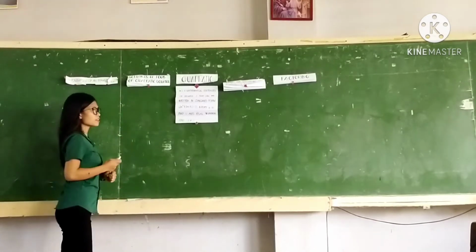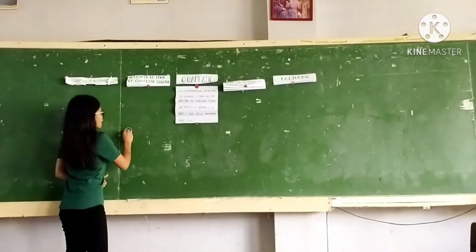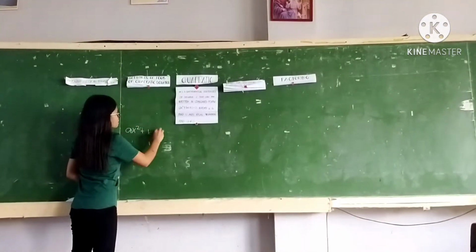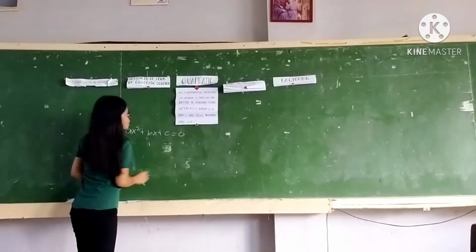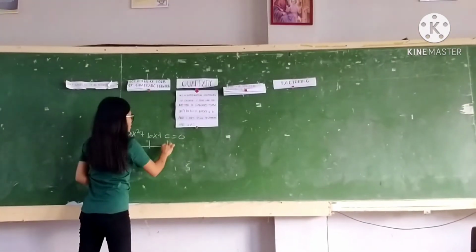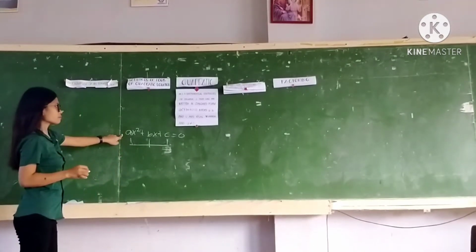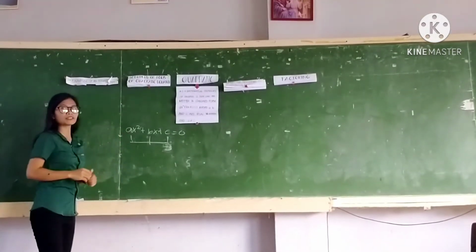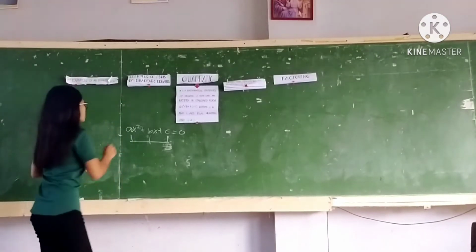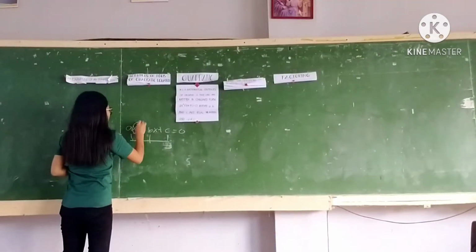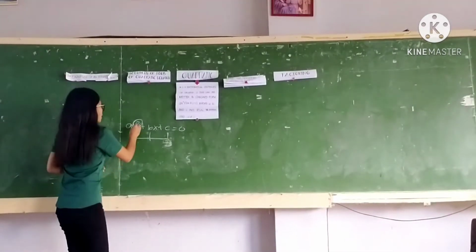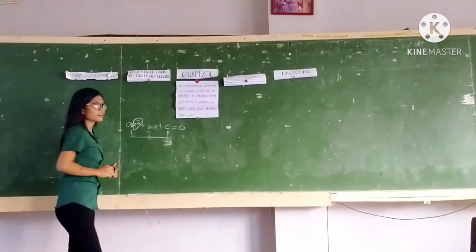Again, what is standard form? ax squared plus bx plus c is equal to 0, where a, b, and c are real numbers and a is not equal to 0. Again, why is a not equal to 0? Because of this degree. If we eliminate the degree 2, it becomes linear.